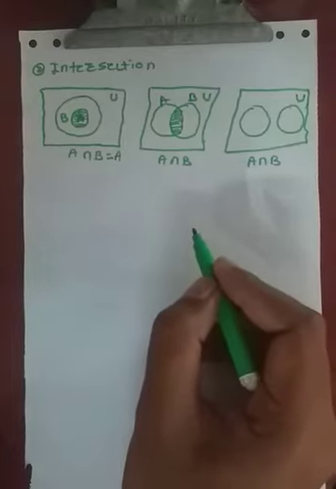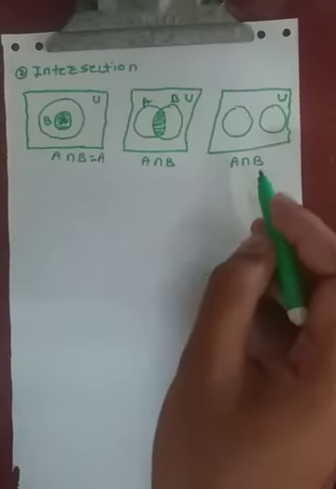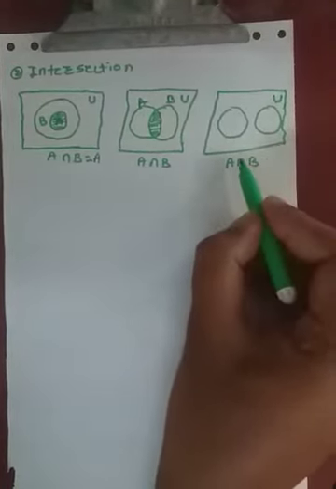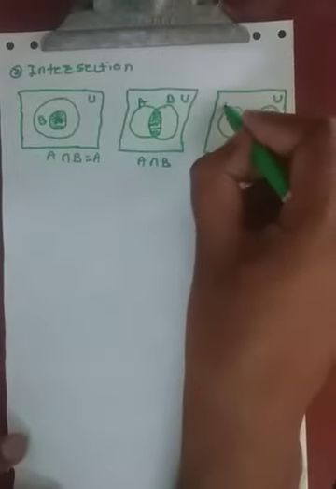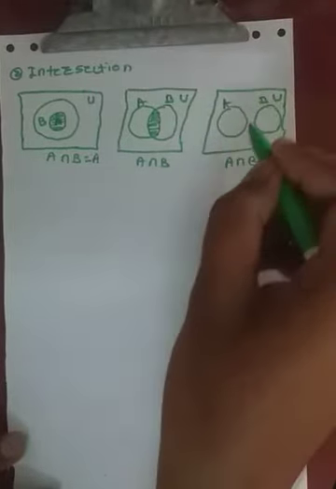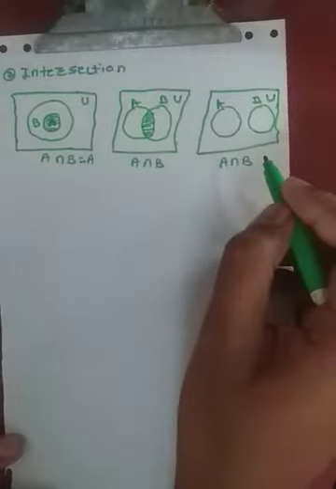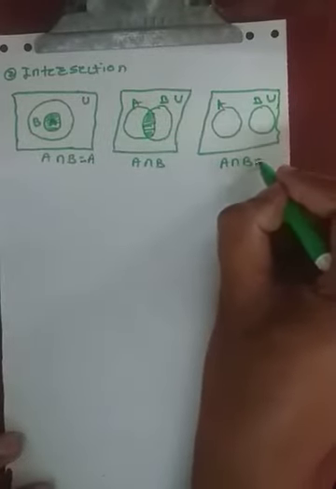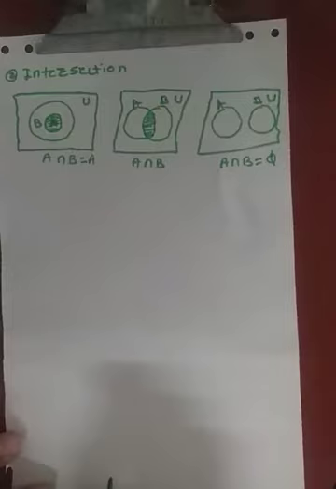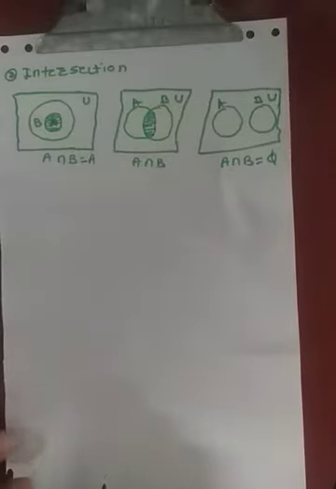And case 3, when A and B are disjoint, then A intersection B is empty.